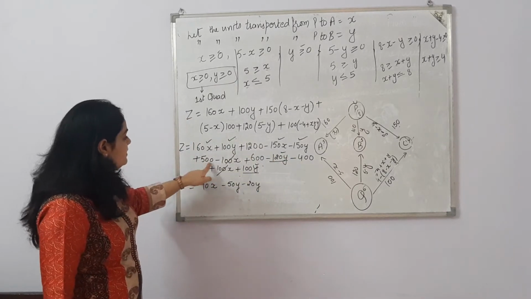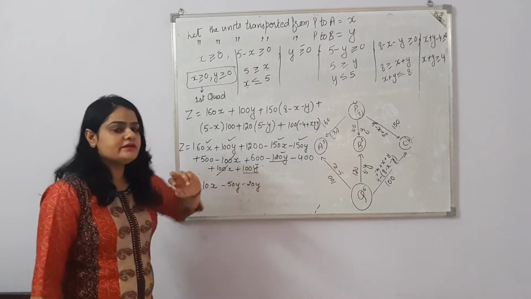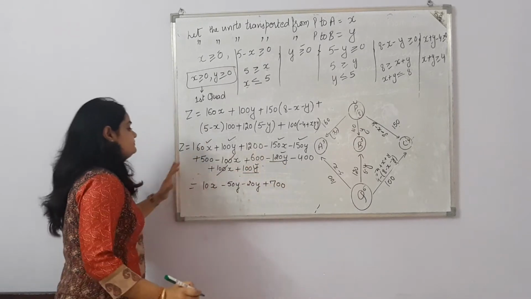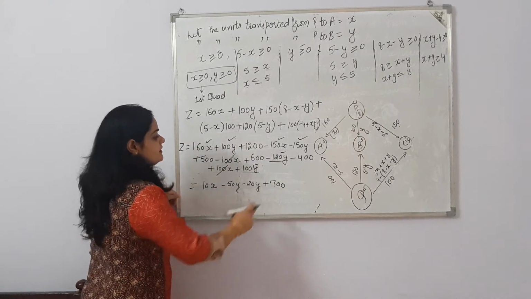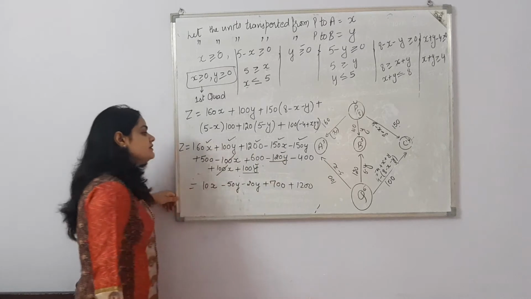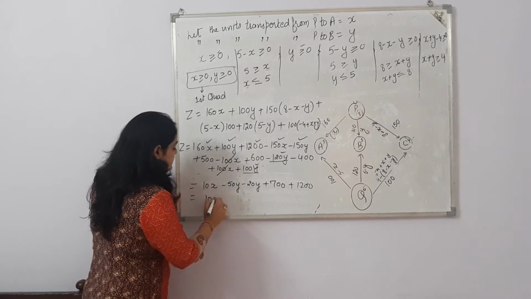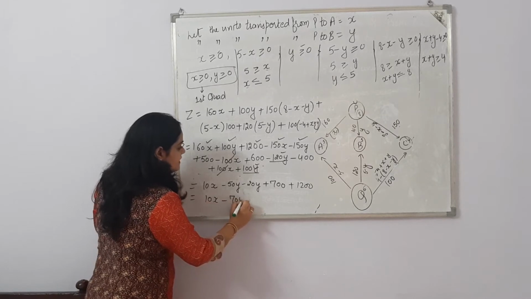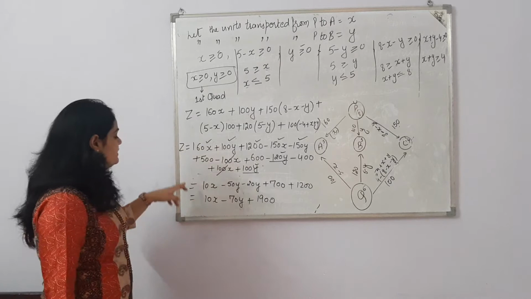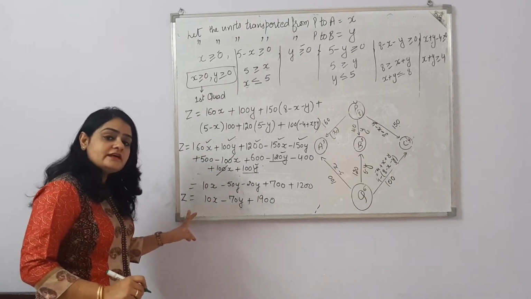Next, 500 plus 600 is 1100. 1100 minus 400 is 700. Now 700 plus 1200, we have one more constant which is 1200. So it becomes 10x minus 70y plus 1900. This is the function z.